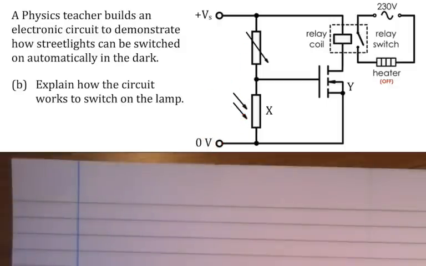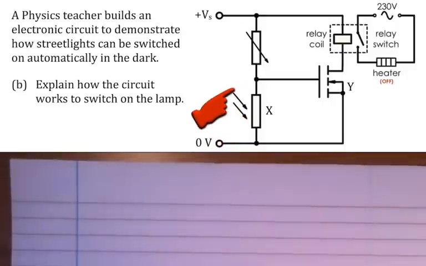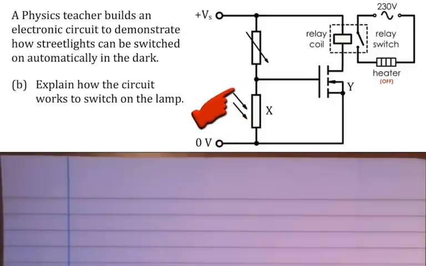So how does the circuit work? Well, the voltage across this bottom resistor, which in this case is an LDR, is also the voltage responsible for switching on this MOSFET, the voltage between this point and this point here. So we're interested in the voltage across this LDR. Again, I'm going to write this in shorthand. Don't write this in shorthand yourself. What you want to do is make the voltage increase above a certain value to then allow this MOSFET to conduct.